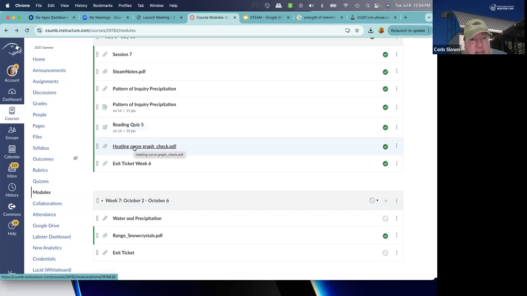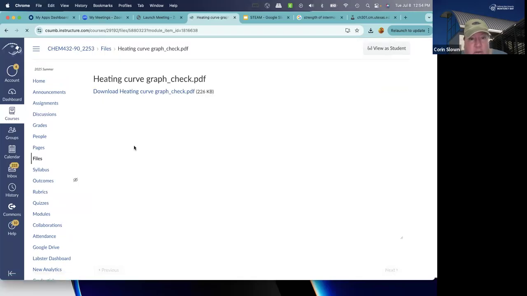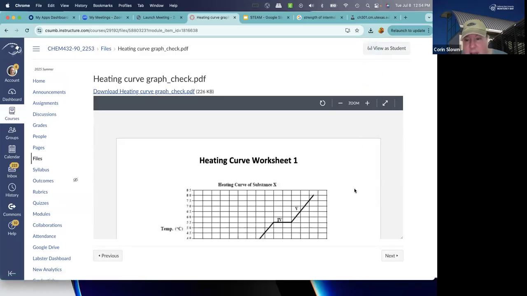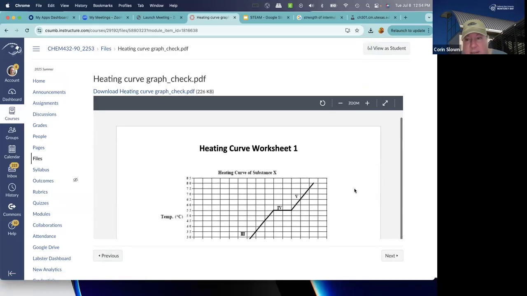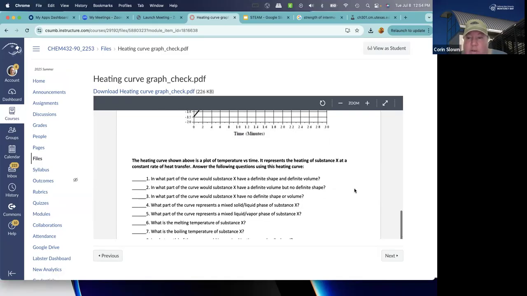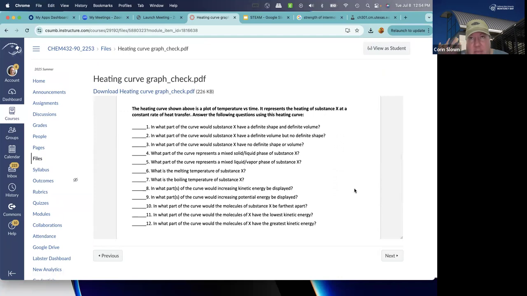And then the last piece is I've got a heating curve graph that is a great way to walk through what we talked about today. Think about the analysis of the graph and then which parts of the curve do what. So this is a really great mental exercise to help make sure that you are making sense of the heating graph.